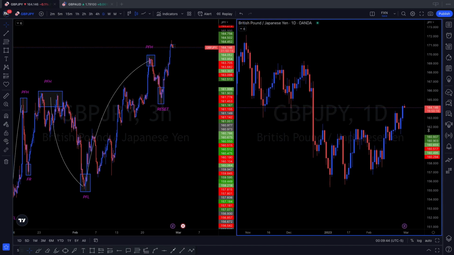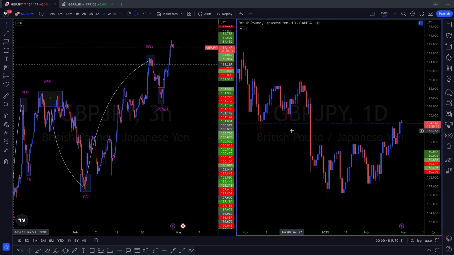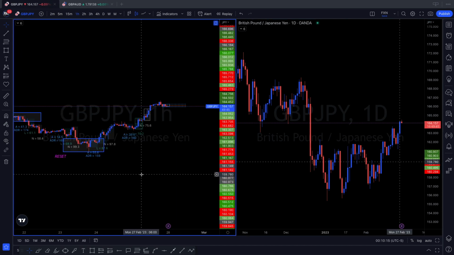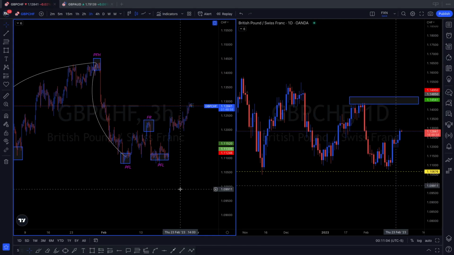So my next target would likely be somewhere around 168,500 or so up here on the daily. We have some very good room to work with. This pair is moving at about 160 pips per day, so 3 times ADR is going to be about 480.